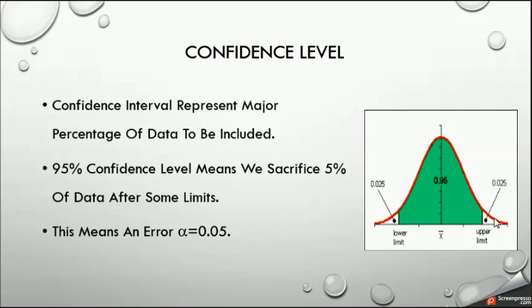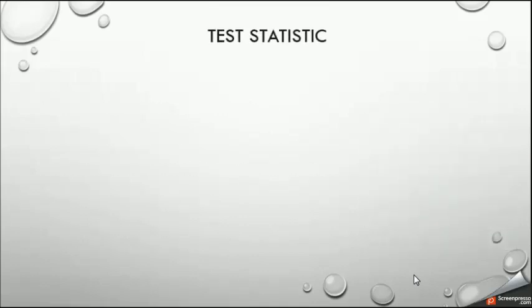So we will call the 5% alpha, and alpha will also be called the error value, because it is possible also that the values after the upper limit or below the lower limit can be real values for the same population. So there is a possibility to commit some kind of error like 5% if we take the confidence level to be 95%.